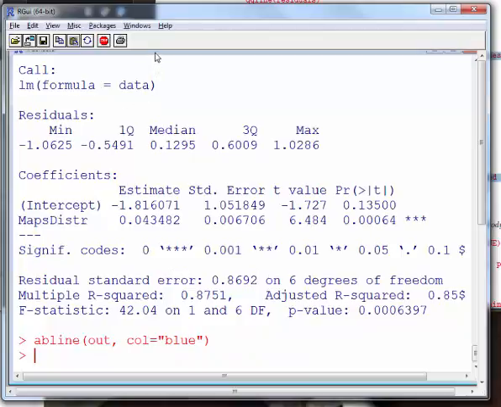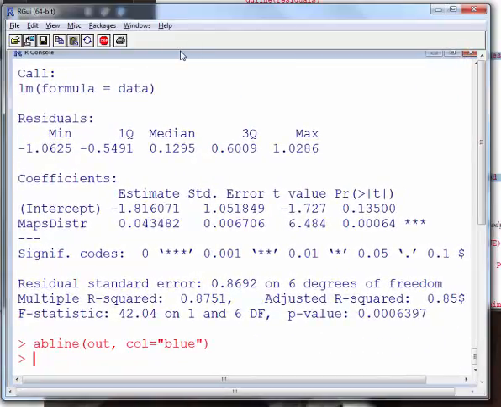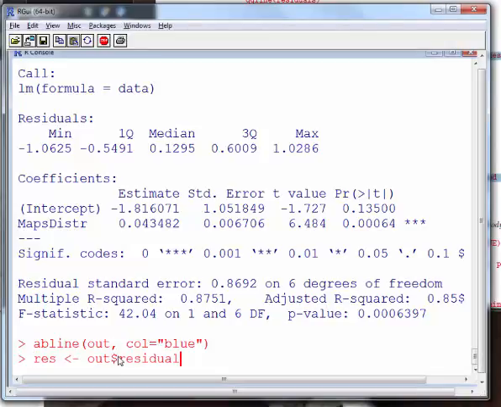And if you just look at them, I mean, they're kind of close, right? So even though it seems obvious that probably we need a different kind of a model, maybe a polynomial model or something like that, maybe a log model or something.